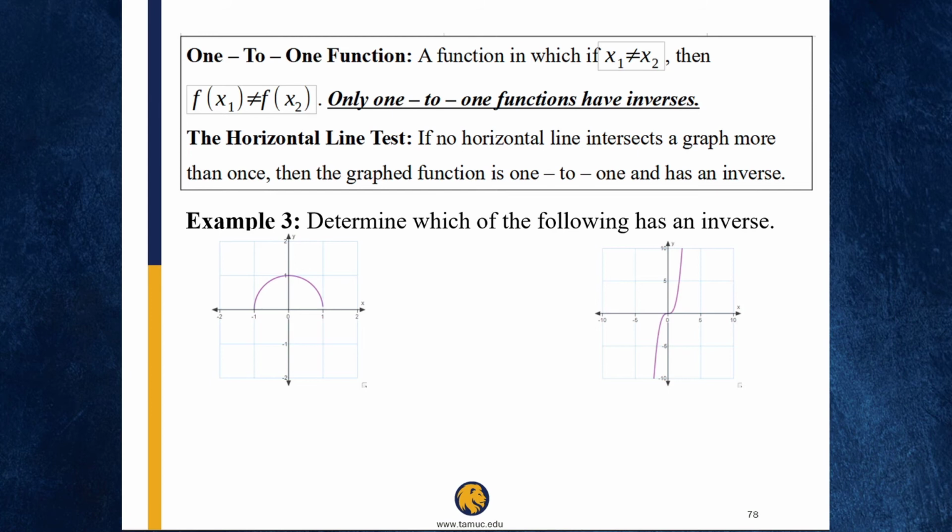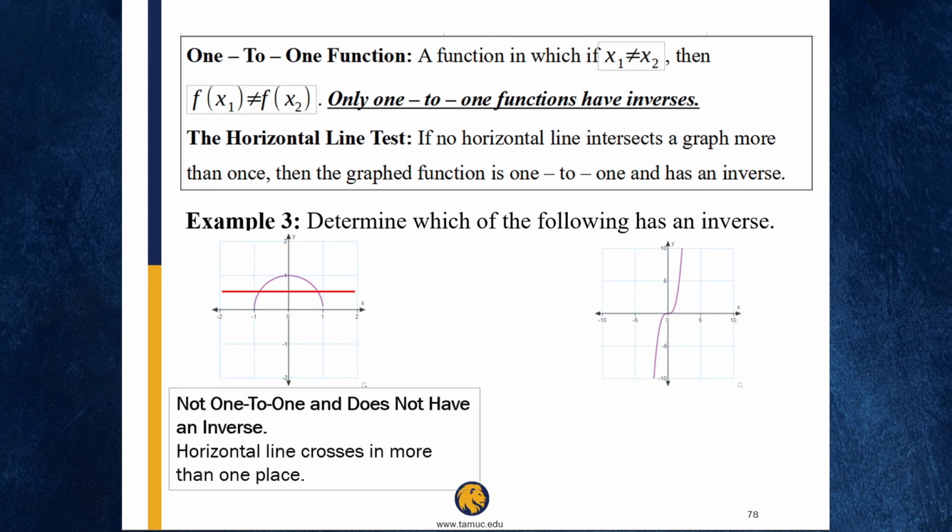The way we're going to check to see if a function is one-to-one is by using something called the horizontal line test. If we're looking at the graph, and if we draw a horizontal line through it, and if no horizontal line intersects a graph more than once, then the graphed function is one-to-one and has an inverse. So, looking at this first graph, if I draw a horizontal line through it, it's going to cross in two places.